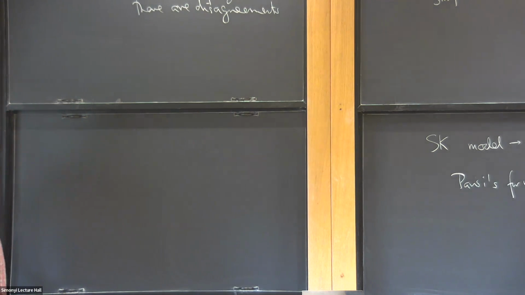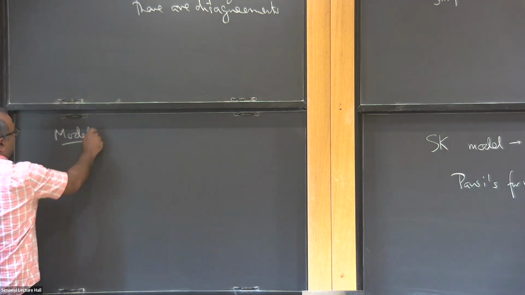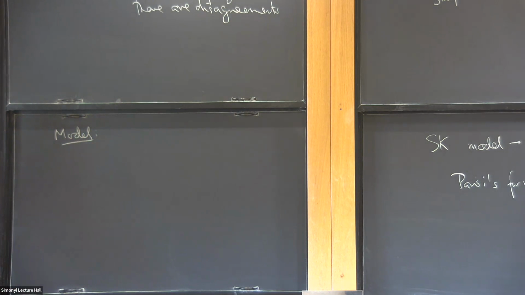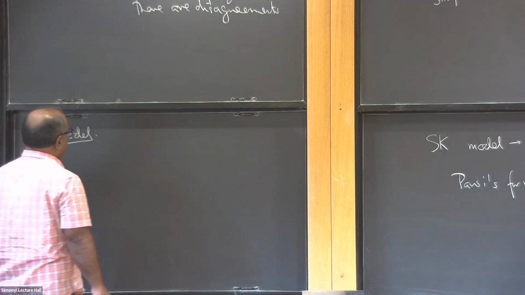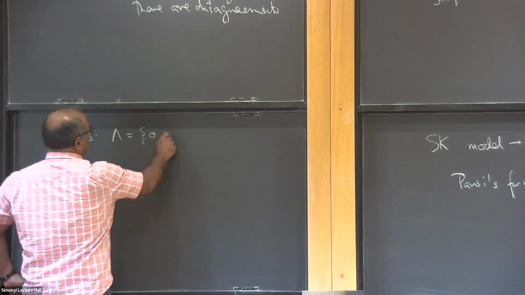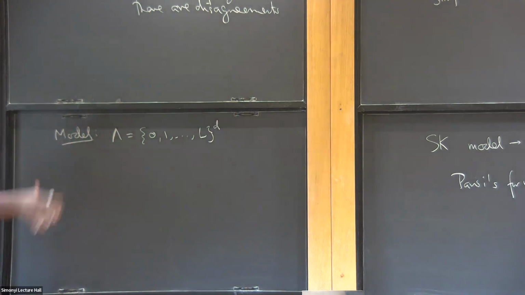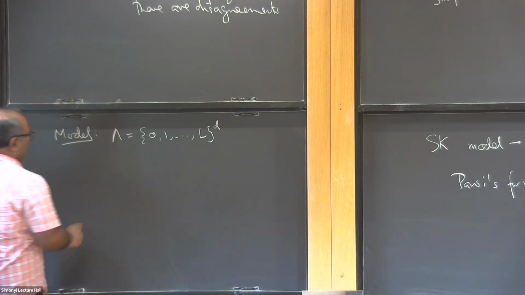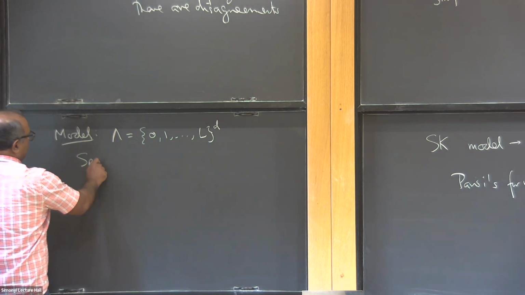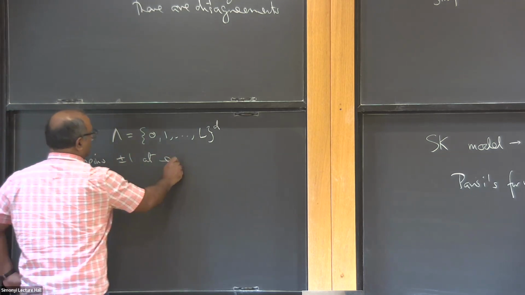So what's the model? Here's the model. Let's say you have a region {0, 1, ..., L}^D. So you have a box in a lattice, and you have spins plus or minus 1 at each site.